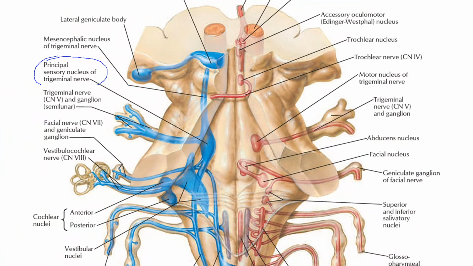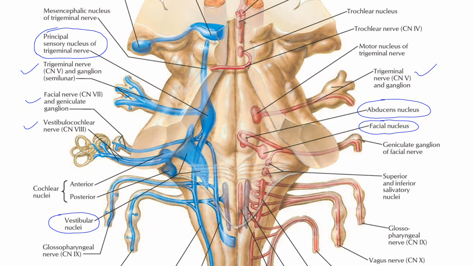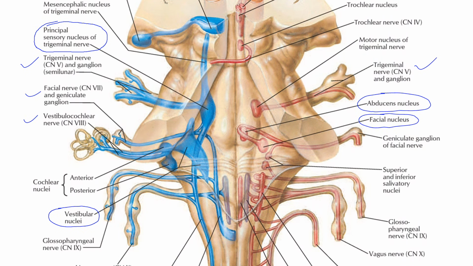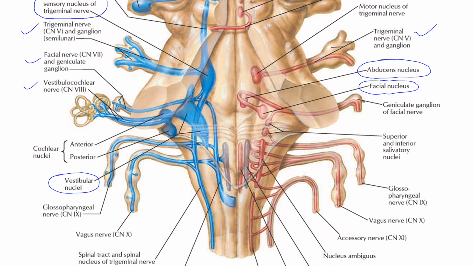Okay, so in this figure we are remembering the exact location of the nuclei which are present in the pons, and we are also remembering the names of the cranial nerves which are related with these nuclei of the pons.